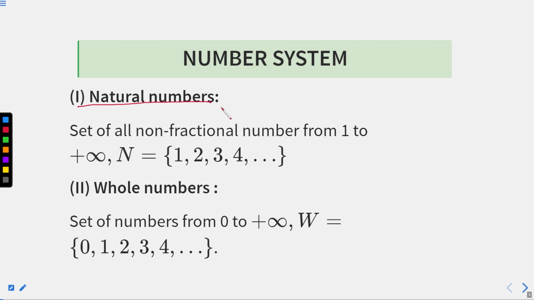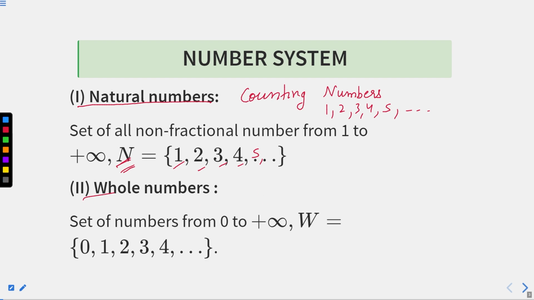The natural numbers are counting numbers, which means the numbers which help us in counting, say 1, 2, 3, 4, 5, etc. This set is denoted by N. The natural number set is denoted by N and the elements are 1, 2, 3, 4, 5, 6 and so on.